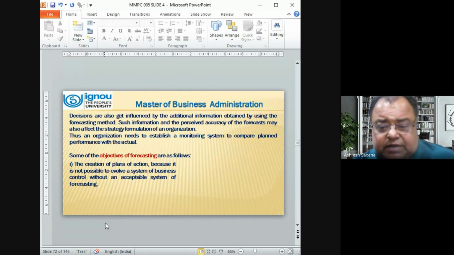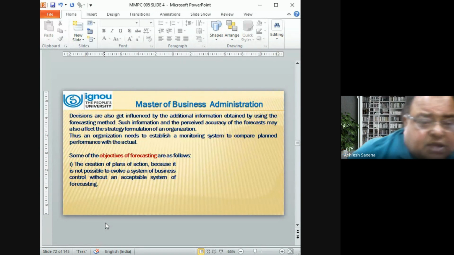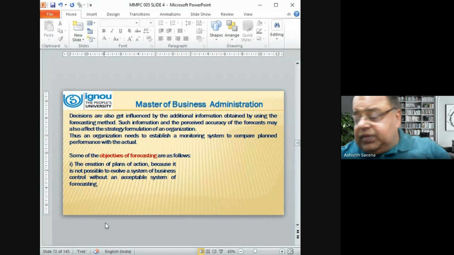Some of the objectives of forecasting are: number one, the creation of plans of action, because it is not possible to evolve a system of business control without an acceptable system of forecasting.